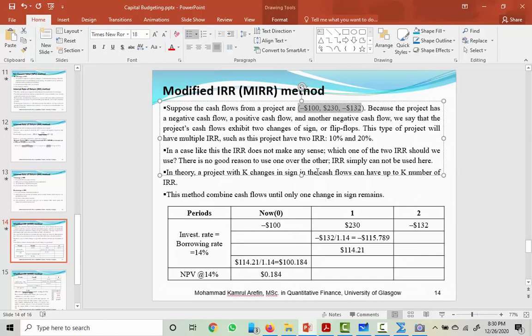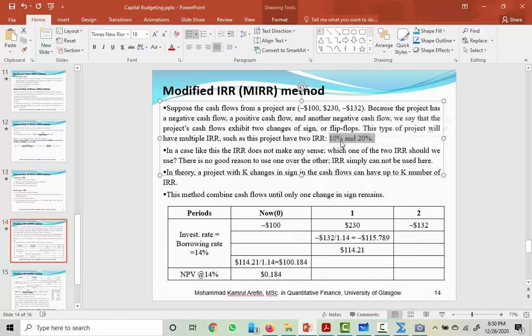So because we have two changes in sign in these cash flows, or a flip-flop, we will get two IRRs. This type of project will have multiple IRR, such as this project will have two IRR.